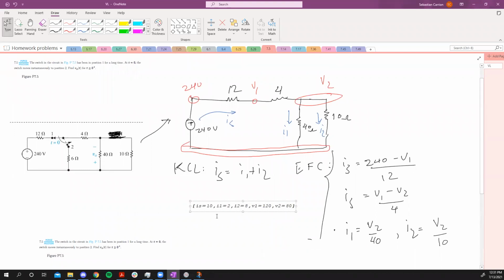Right. So what we're interested in is V2 here, right? Well, it says find V naught. So the current across the inductor would be I2. So let me mark this here.